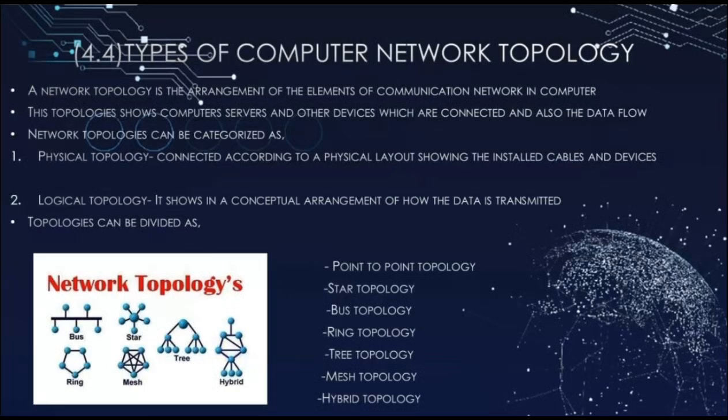Physical topologies are connected according to the physical layout, showing the installed cables and devices. On the other hand, logical topologies show the conceptual arrangement of how the data is transmitted. Topologies can be further divided as point-to-point topology, star topology, bus topology, ring topology, tree topology, mesh topology, and hybrid topology.